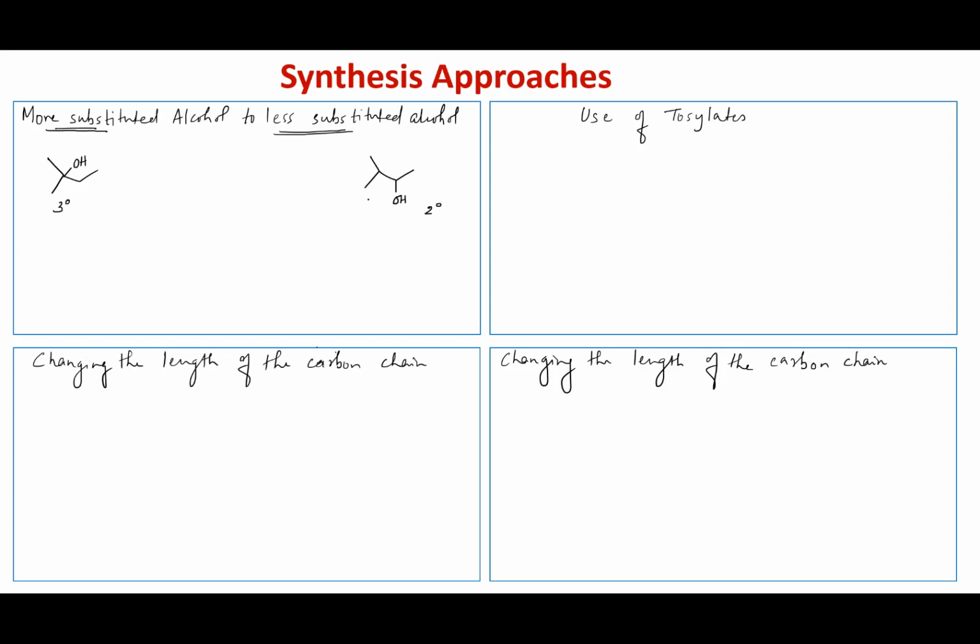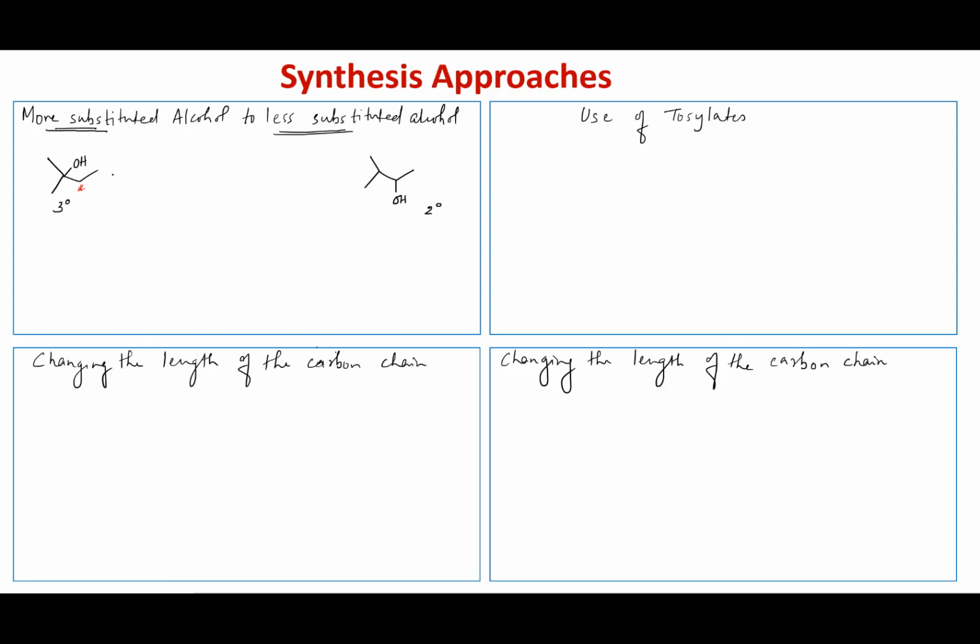Now, to synthesize a less substituted alcohol, the reaction that we use would be a hydroboration oxidation. But to use this reaction, the first thing that we need to do is install a double bond that would involve that secondary carbon where I would like to put that hydroxyl group.